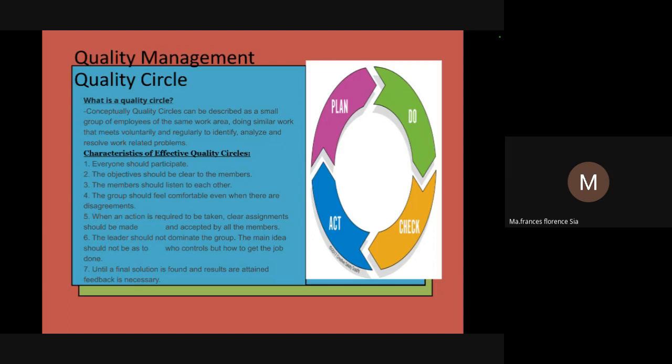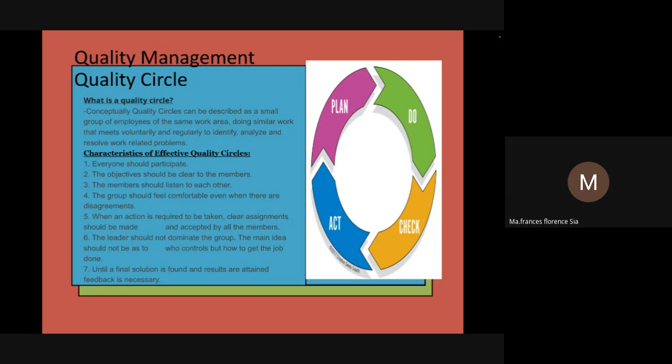There are characteristics of effective quality circles. First, everyone should participate. You need to take time to identify your goals. Next, the objective should be clear to themselves. Third, the members should listen to each other.